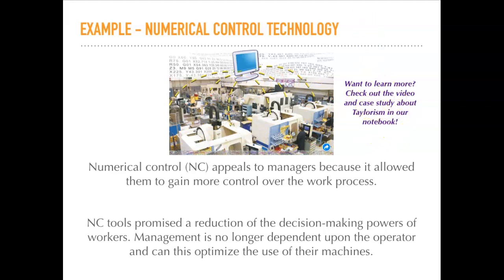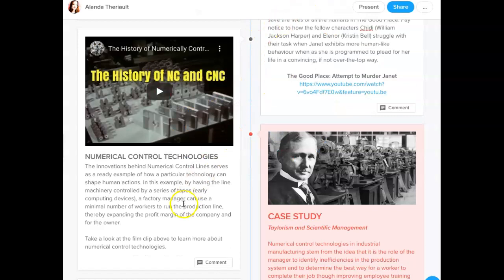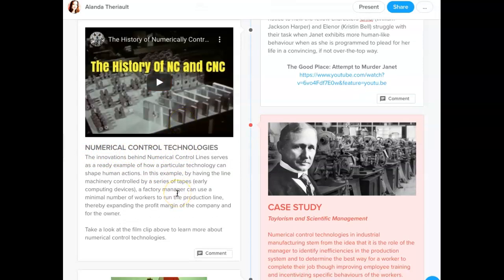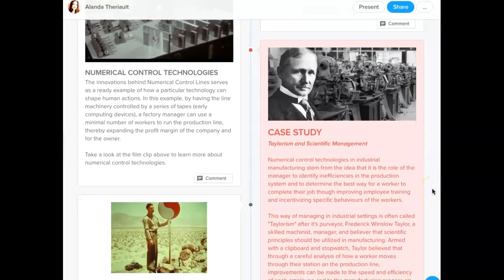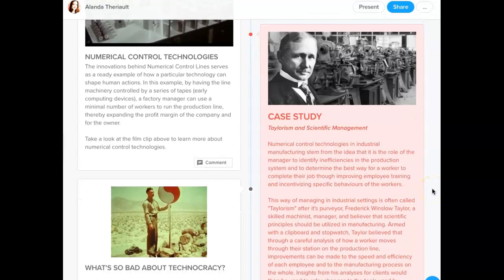And if you want to learn more, I highly suggest taking time now to pop on over to our notebook and take a look at this process video about numerical control technologies, as well as read through this important case study about the concept of scientific management.